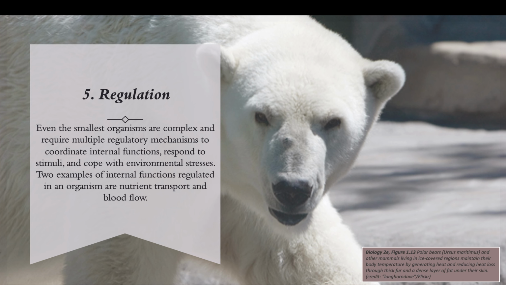The reason that they showed a polar bear here, the description of this image, which is also in your book, is that polar bears and other mammals living in ice-covered regions maintain their body temperature by generating heat and reducing heat loss through thick fur and a dense layer of fat under their skin. Often, animals that live in either of the poles in extremely cold climates have black skin. So there are very specific traits for organisms that provide regulation in order to maintain their survival in these harsh environments.